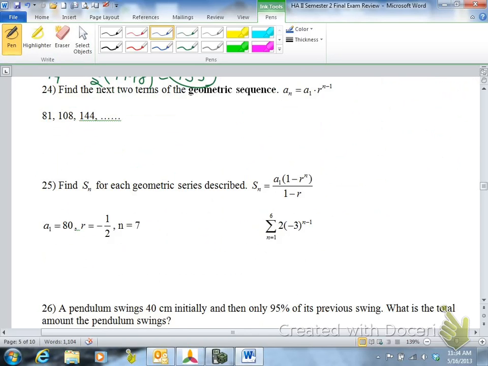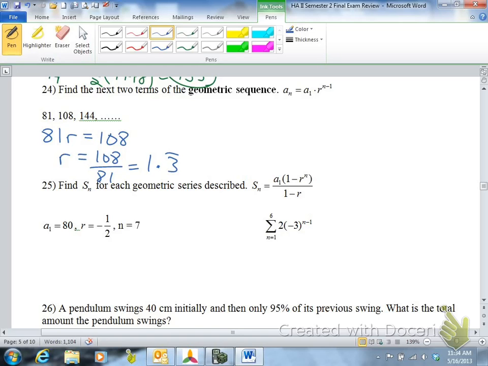You plug in to the formula. There's an easier way to find R. So it was 81 times something to give you 108. How do you find R? You take the second term divided by the first term, which is 1.3 repeating.